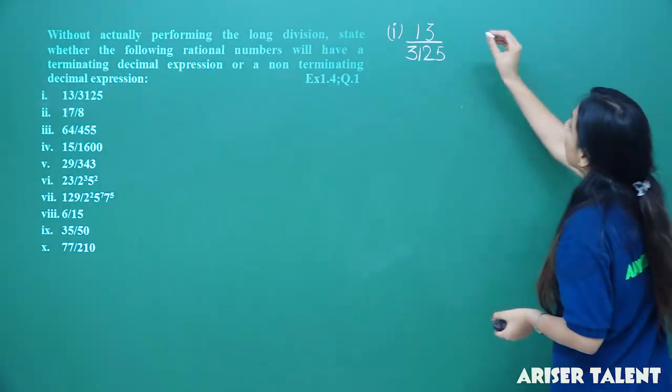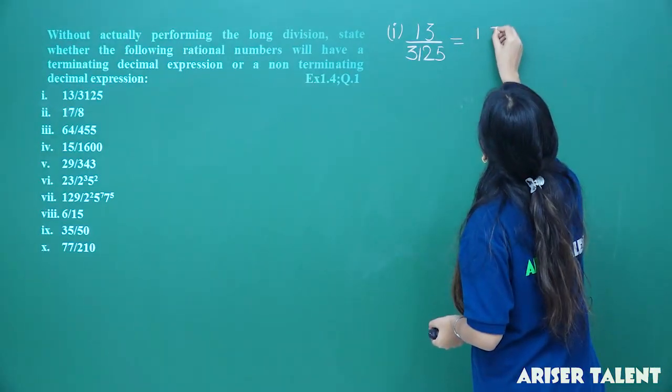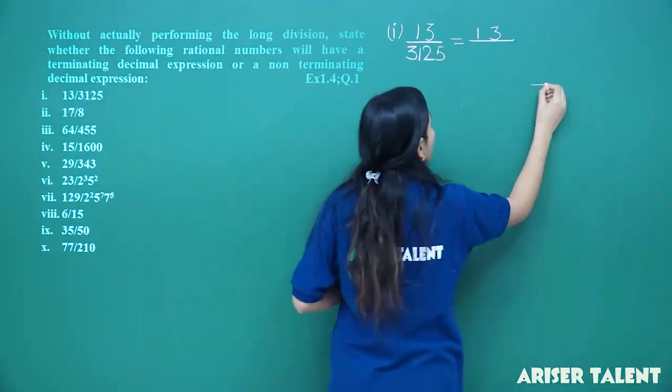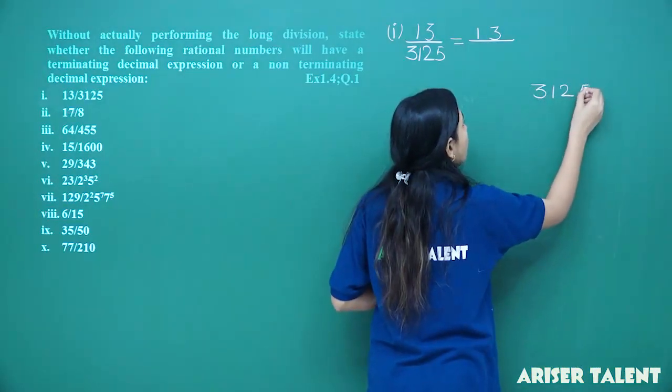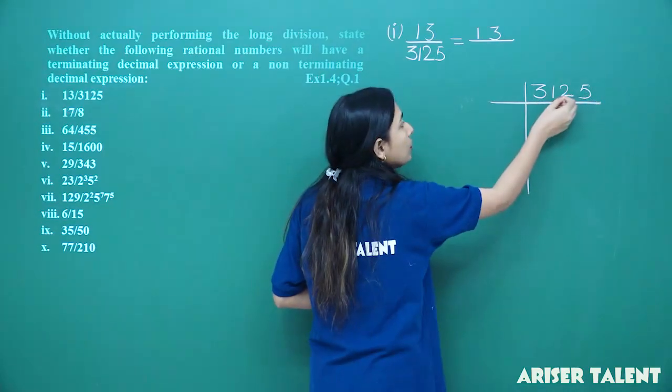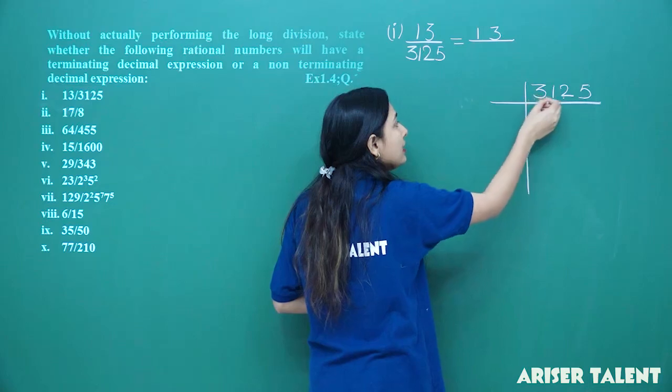Okay. 13 is a prime number, so we will write 13 as it is. Now, 3125.